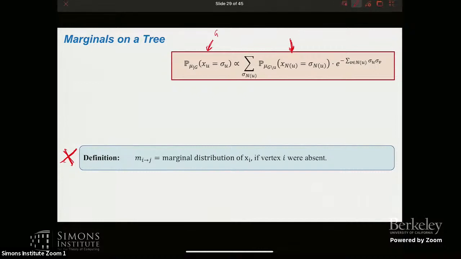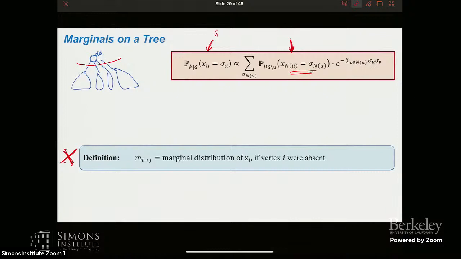Well, there is a way around it if your graph is a tree. When you look at this variable u, you have subtrees here. Once I delete this vertex, I have trees that are disconnected. What that means is all the vertices in the neighborhood become independent once you delete that vertex. That's a huge simplification, because the joint distribution of the entire neighborhood is a product distribution.